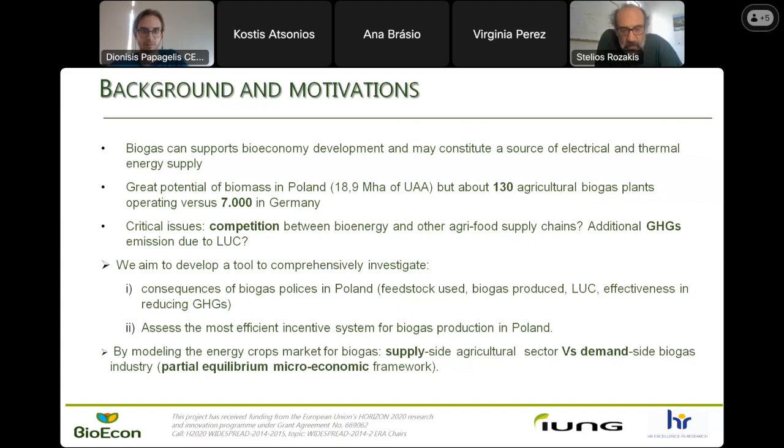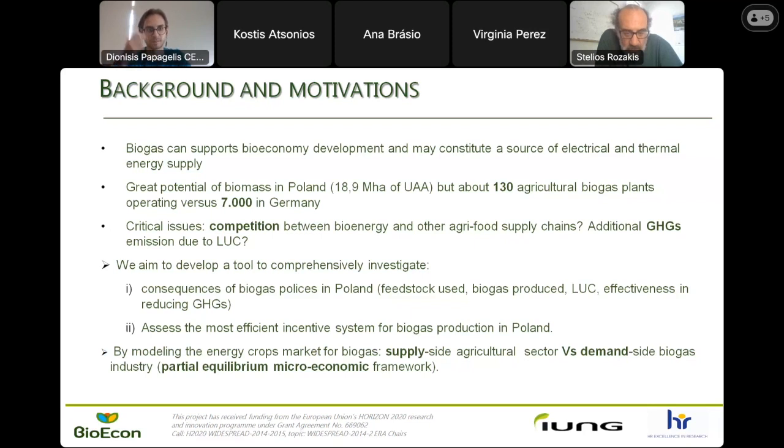The critical issue is the competition between bioenergy and other agri-food supply chains, and then we consider the environmental impacts. The purpose of the work was to develop a tool to comprehensively investigate the consequences of biogas policies in Poland and assess the most efficient incentive system for biogas production, to promote the bioenergy chain that has to do with biogas.